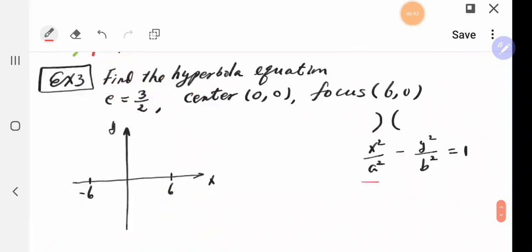The eccentricity is equal to 3 over 2. So 3 is the focus, C value, and 2 is A value. A is the vertex, so maybe 2 is here, and this is negative 2. So this is the vertex.